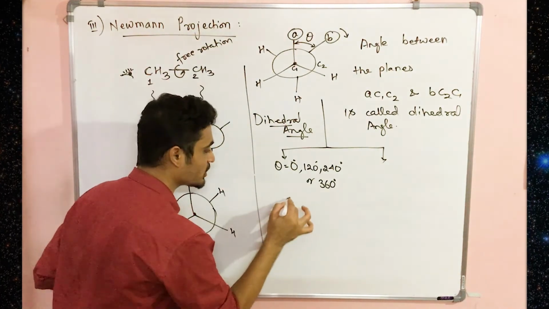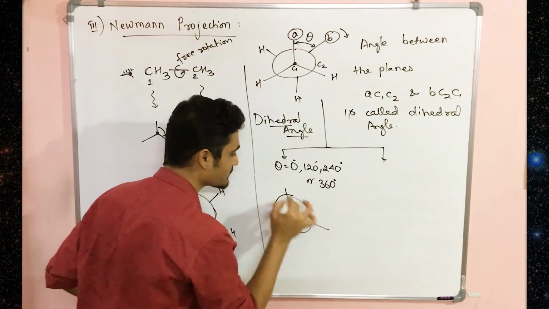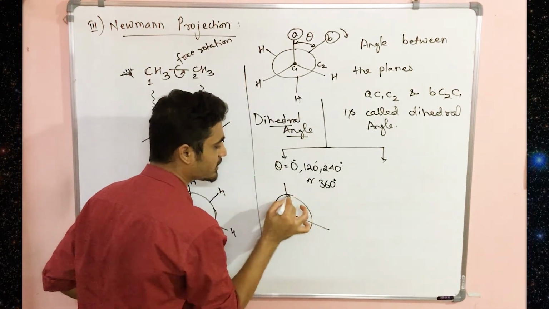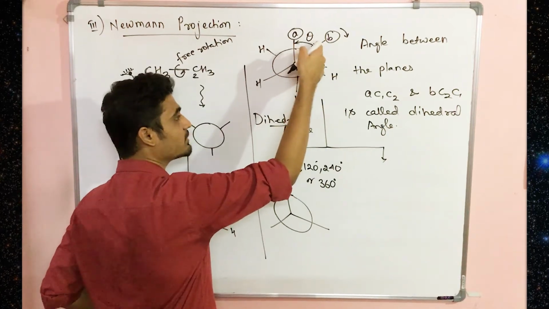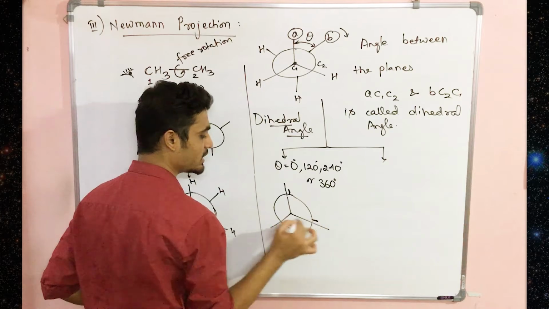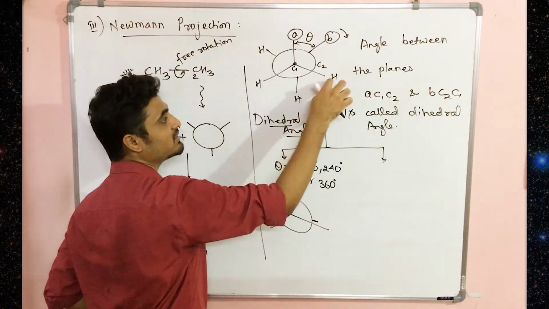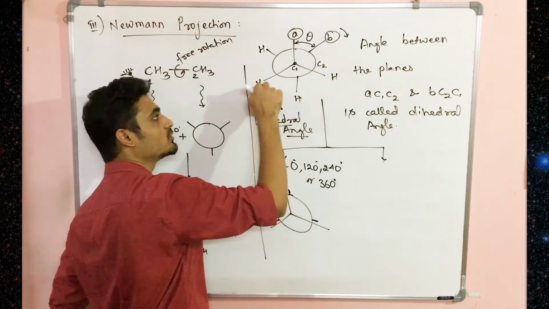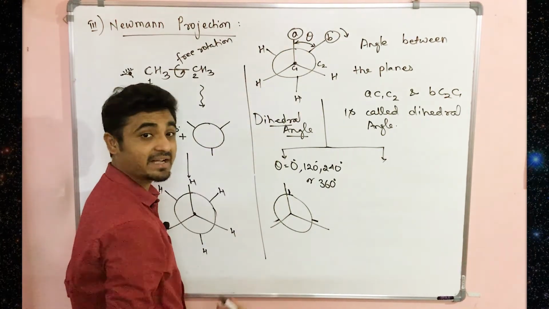In that case, what shape will you be getting? It will be looking something like this. Now if you can imagine, you will understand that if you rotate 0, meaning no angle between them, they all will be behind one another, right? Like this. If you rotate 120, again B will be behind H. If you do 240, that B will be behind H, and 360 again it will be behind A.